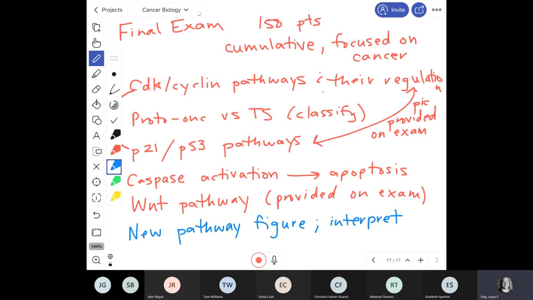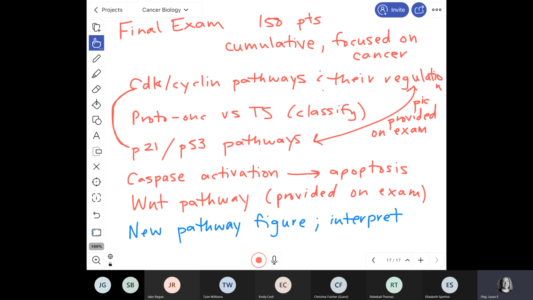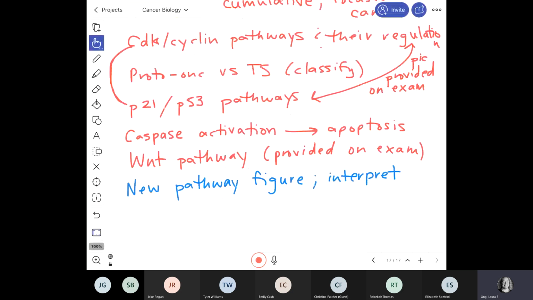Generally students do well on that. I just want to tell you about it in advance so that you're not freaked out when you see it. You interpret what's going on and make predictions about different alterations, what would happen to cell proliferation in that pathway.